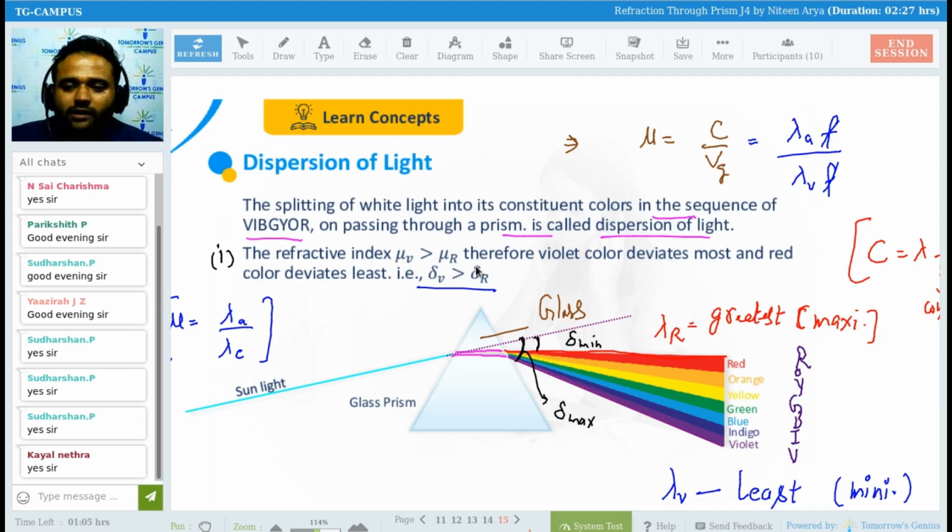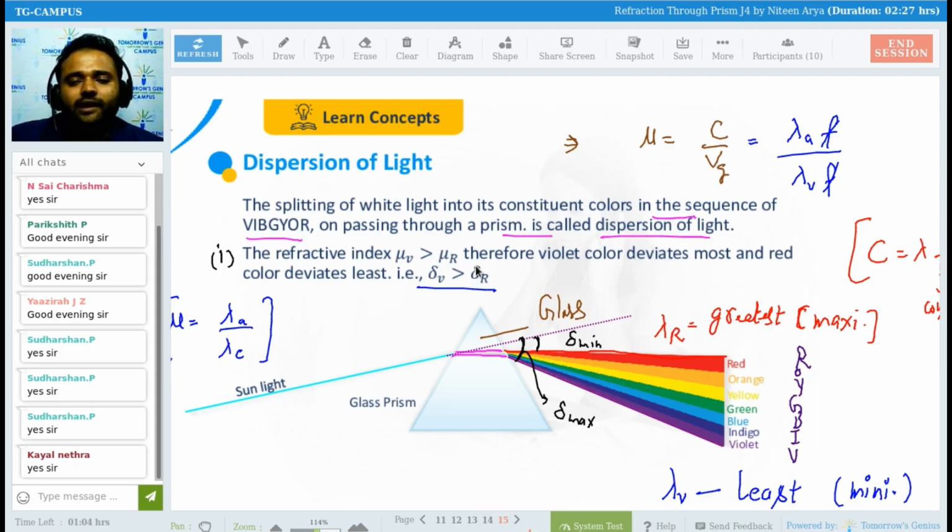In JEE or any other entrance exam, there is not a 100% probability that every question is numerical. In assertion-reason, they can ask this.